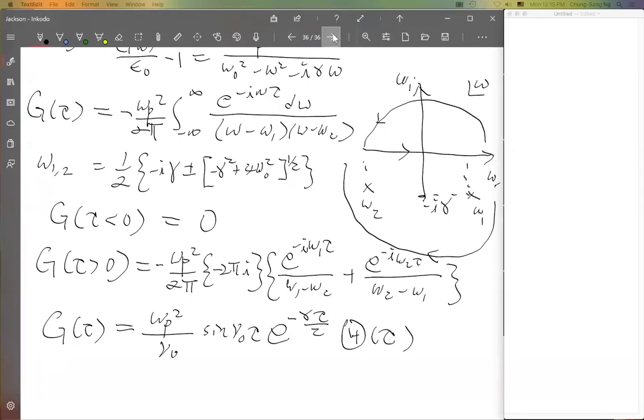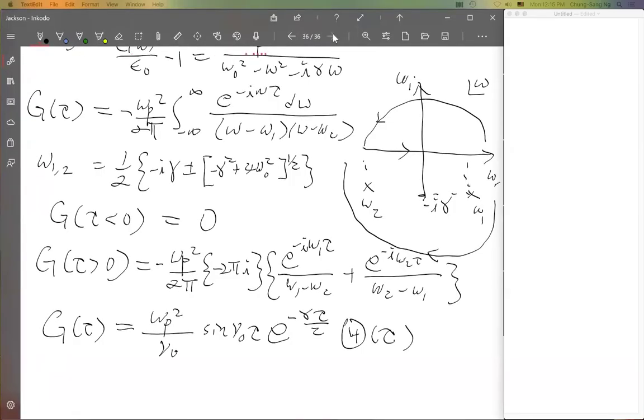We basically impose the causality condition by saying that G must be zero for tau less than zero. And for the continuity condition, we'll even say that when tau equals zero it is also zero. Okay. So that's the consequence of the causality.